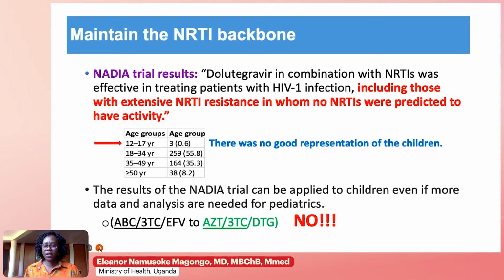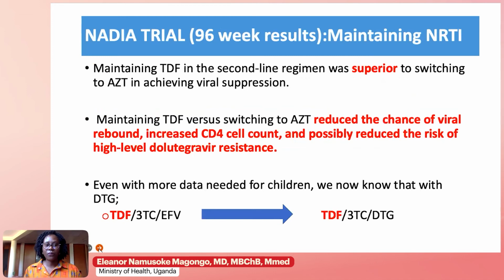So with the findings of the NADIA study, do we still need to move children from ABC/3TC to AZT/3TC? I would say no. Maintaining TDF in the NADIA study was found to be superior to switching patients to AZT in terms of achieving viral load suppression.